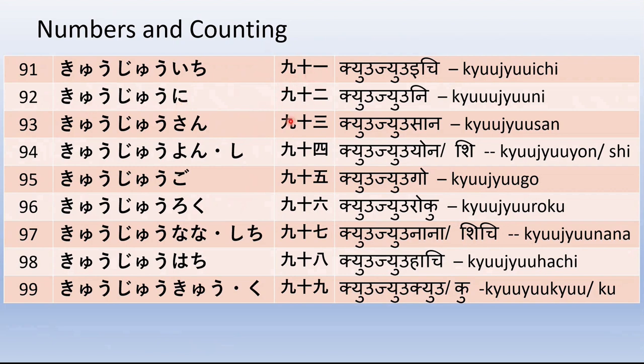Kyuju Ni, Kyuju San, Kyuju Yon, Kyuju Go, Kyuju Roku, Kyuju Nana or Kyuju Shichi, Kyuju Hachi, and Kyuju Q. So this completes the numerals and counting from 1 to 99.